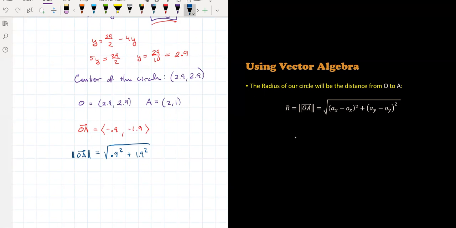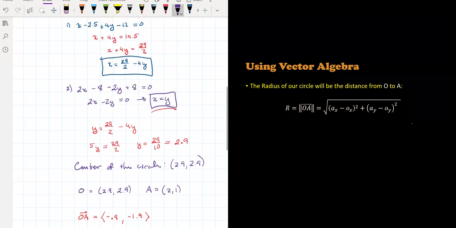Whatever this ends up being, if you get out a calculator, or if you want to do some fun fraction work, what you end up with is the square root of 221 over 50, which as a decimal is about 2.1.